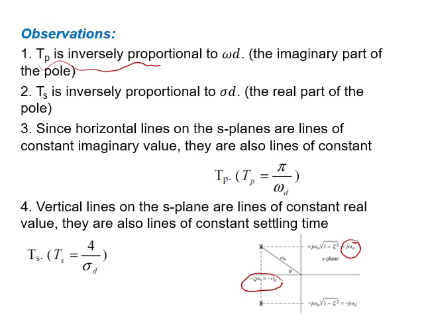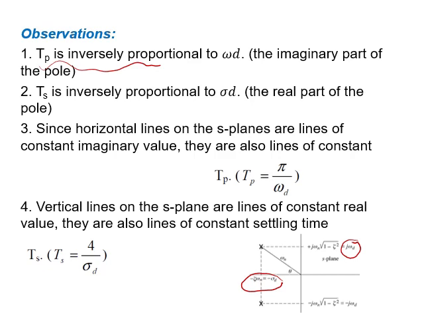Inversely proportional means once omega d increases, Tp will decrease. He wanted to teach us how I can control those times. So if I want to shorten Tp, now I know what to do. If I want to shorten Ts, I know what to do in the response. I know how mathematically this can be done.